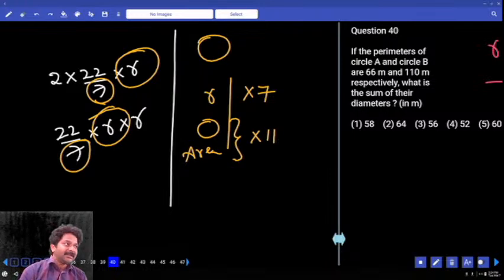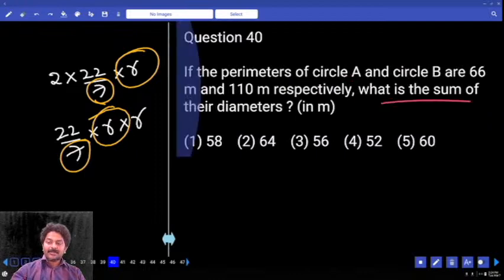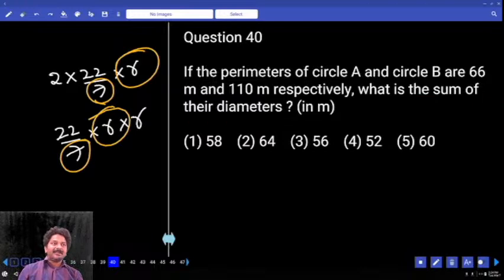Got it? Yes. Right. So what is your question about now? Sum of diameters. Diameter is 2 times radius only. Radius is a multiple of 7. Sum of 2 multiples of 7 is also a multiple of 7. Answer must be a multiple of 7. Can it be first, second, third, fourth, fifth?